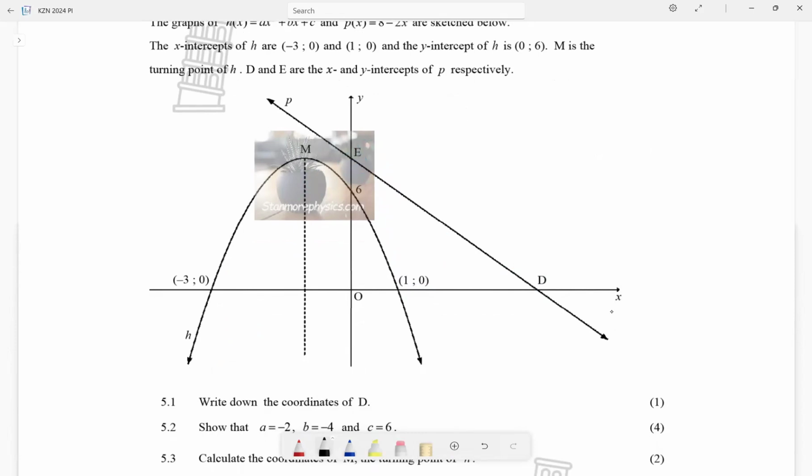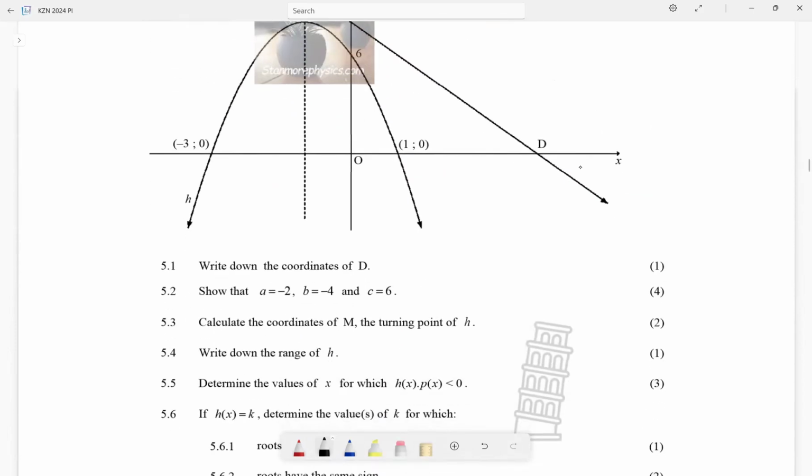Good. Now, remember, how do I get the x coordinate here? This is the axis of symmetry, so it is a point exactly between the x-intercepts. So this is the midpoint. From here to here should be equal to from here to here.